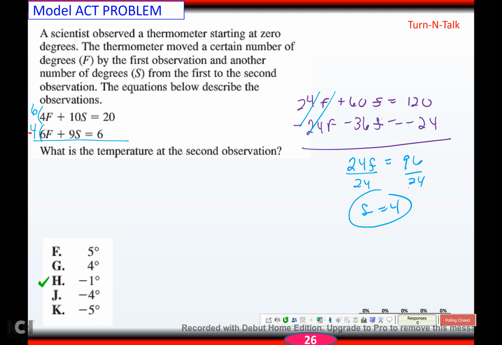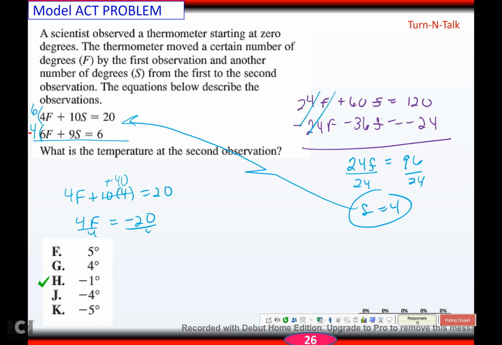To find f, I'm going to substitute it back in. So I would have 4f plus 10 times 4 equals 20. So I have 4f plus 40. Moving it to the other side would give me 4f equals negative 20. Divide by 4 and I get f equals negative 5.